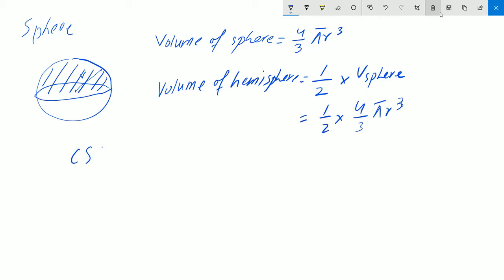To calculate the curved surface area of a sphere, we have the formula 4 pi r squared.